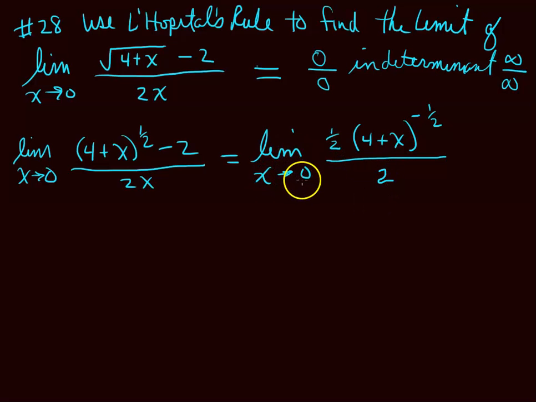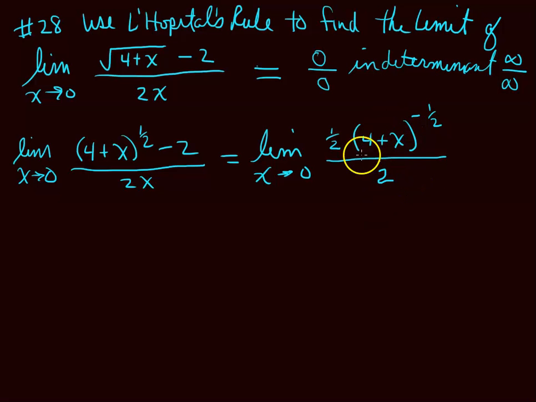If I plug in a 0 for x, here I get 4 to the negative 1/2, so that's 1 over the square root of 4, so I'm not going to get a 0 here. I'm not going to get a 0 in the denominator. So this is not an indeterminate form, because you could keep going. If you got another 0 over 0, take the next derivative of the numerator and the denominator individually.